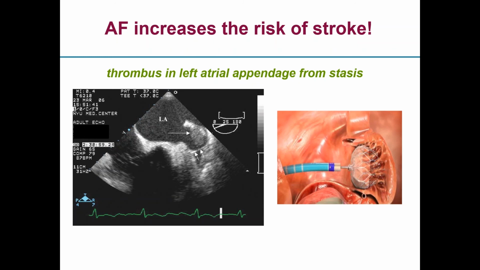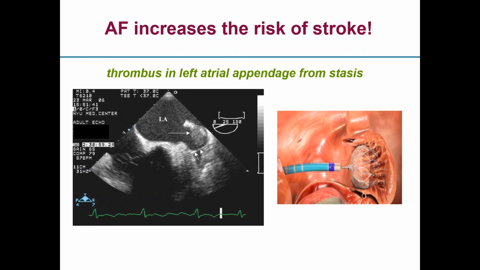And this picture on the left there shows a thrombus within the left atrial appendage. You can't actually see that with a transthoracic echocardiogram, so you can't see the atrial appendage. We can see the atrial size, but you can see it with a transesophageal echo.